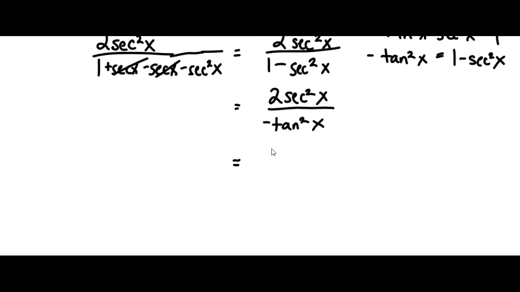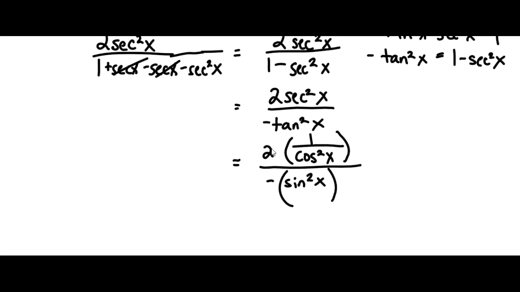So now note that I have 2 times 1 over cosine squared of x over negative sine squared x over cosine squared x, since tangent is sine over cosine and secant is 1 over cosine.